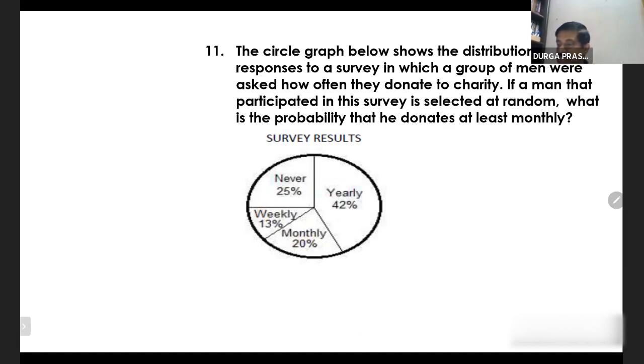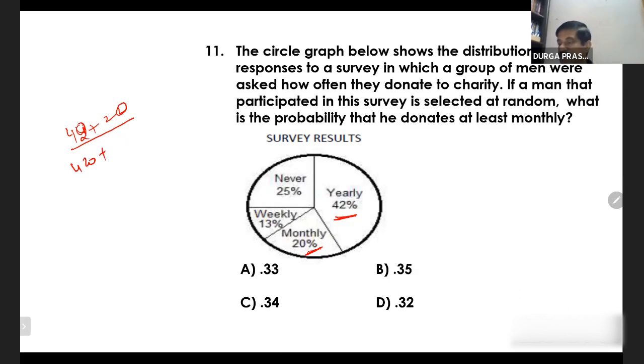So at least means these are the two things that will come into picture. 20 plus 40 is 62. So the probability is 62 divided by 100. 40 plus 22, 42 plus 20, sorry, divided by donated in charity, 42 plus 20 plus 13.